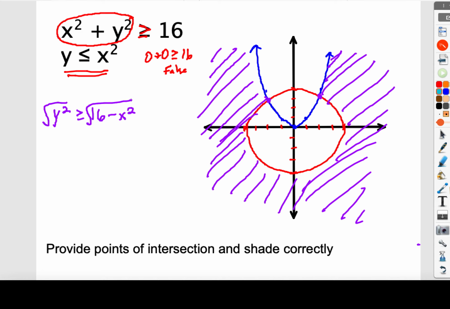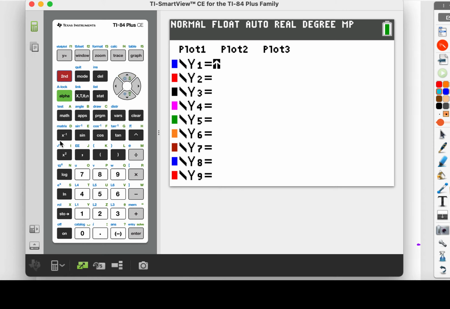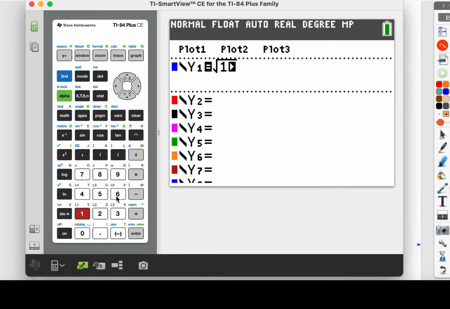Now, I'm not that worried about the shaded region, so I'm just going to call this an equal sign. y equals plus or minus. And remember that square roots don't distribute, so we need to type that whole statement into our calculators. So y is going to be equal to the square root of 16 minus x squared.